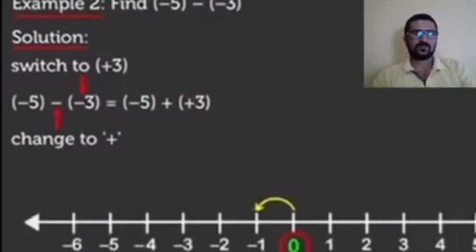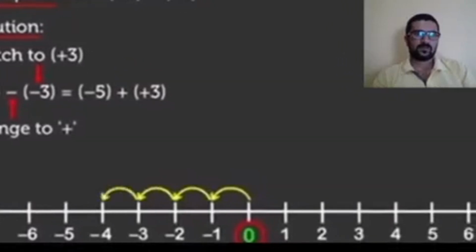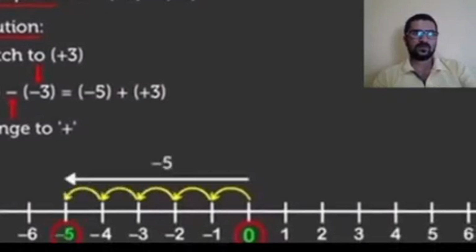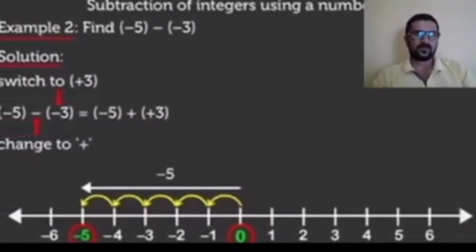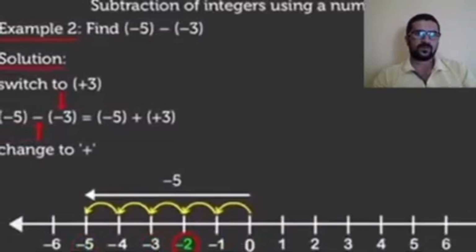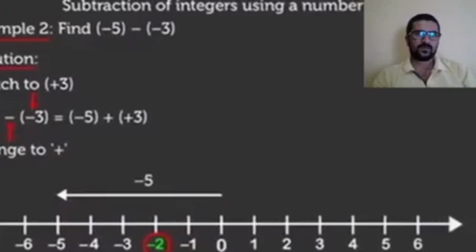Start from 0 and move 5 places to the left, that is in the negative direction. From this point, we move 3 places to the right and reach negative 2. Thus, we get the answer as negative 2.